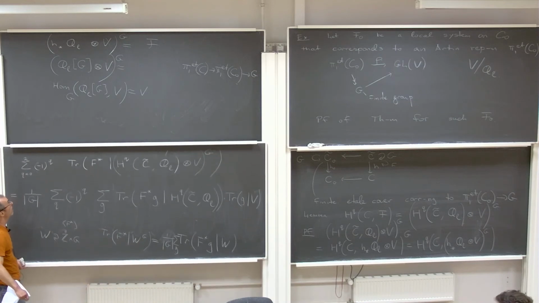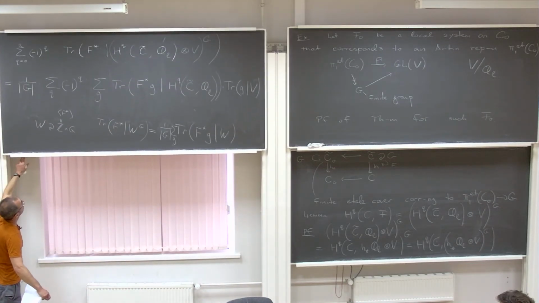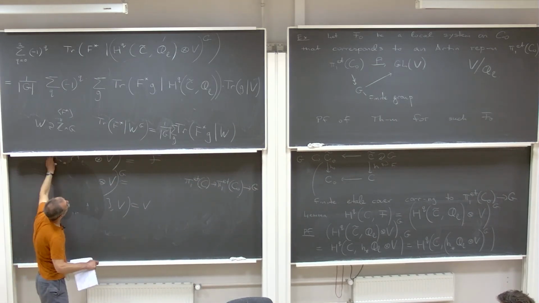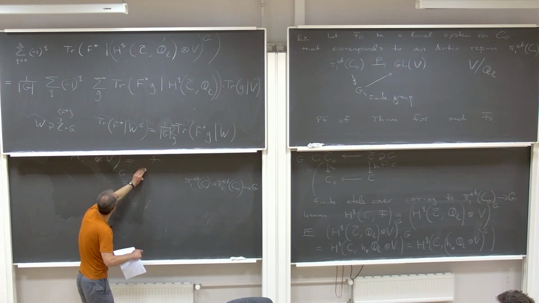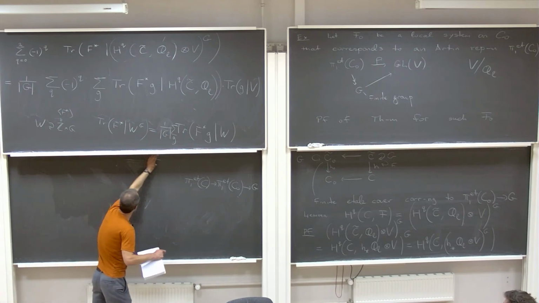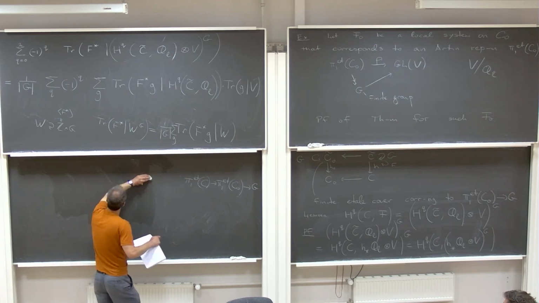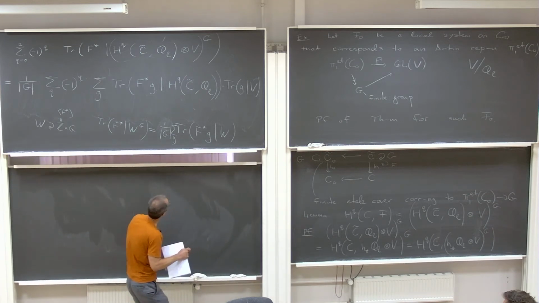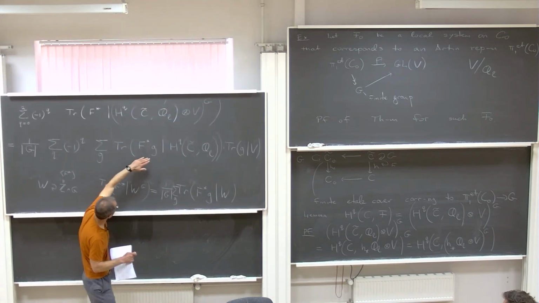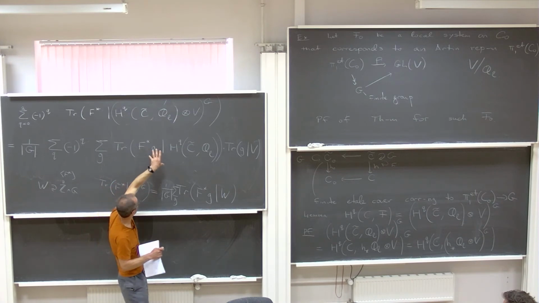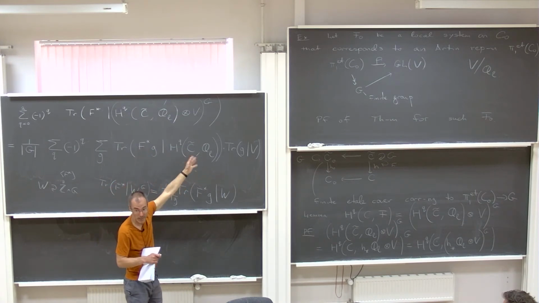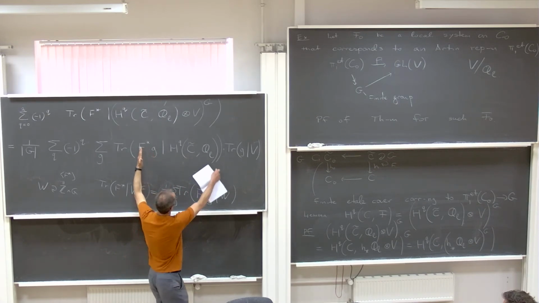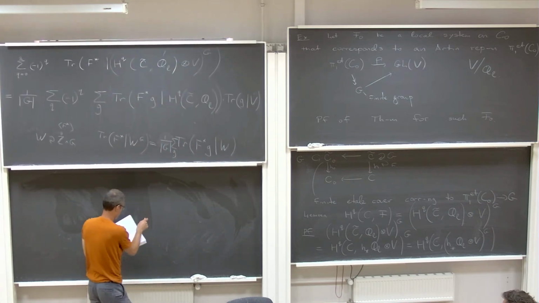And now, so let's, now we are in position to apply Weil's formula. So Weil's formula holds for any curve over an algebraically closed field and any endomorphism of this curve, right? So we want to express this trace. Here I'll also use the fact that the trace of the tensor product of matrices is equal to the product of traces. So let's compute this using Weil's formula. So let's see what we'll get.